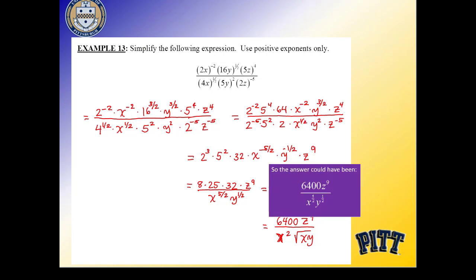With the x to the 5 halves, y to the 1 half, even if I had them underneath the 6400 z to the 9th, I can also realize that both of them have a denominator of 2. They're both being raised to the 1 half power, which means their product is going to be square rooted.